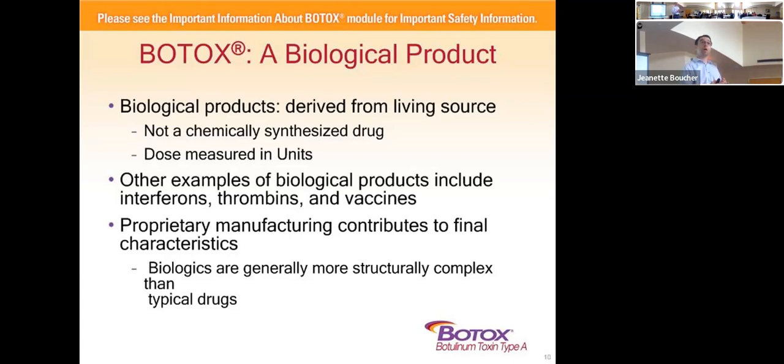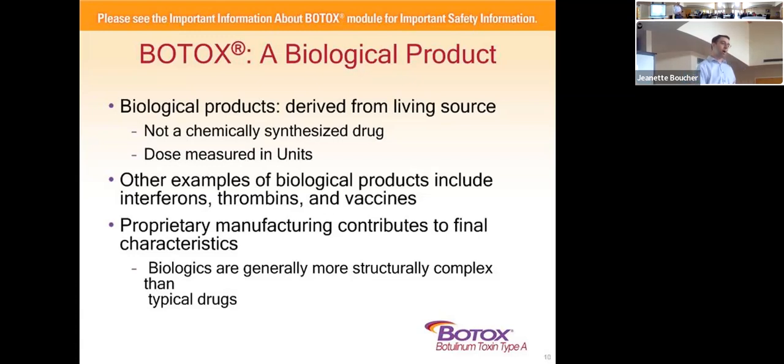Botox is just one product made by Allergan as a pharmaceutical company. But it's important to know there's different strains, and I use different strains in clinical practice. There's one called Xeomin, there's one called Dysport, another called Myoblock. They work similarly, but we commonly use the term Botox to refer to all of them, but I just want to point out that distinction.